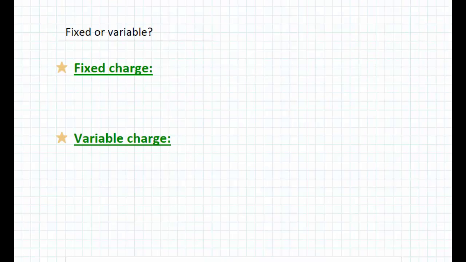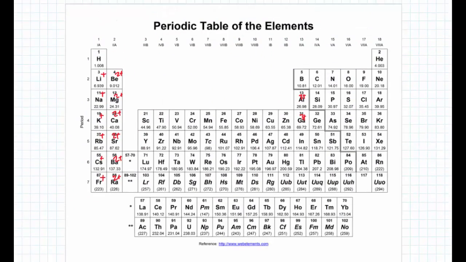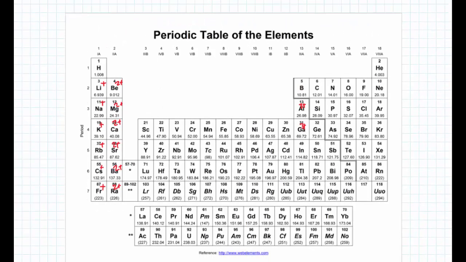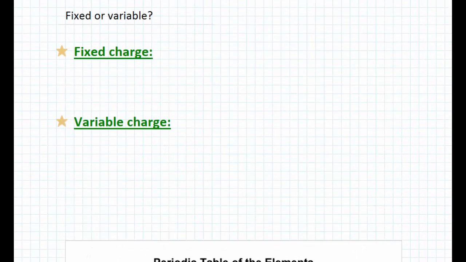Okay? So let's once and for all make a complete list of which metals are fixed charge, so that we know the ones that are variable charge. What were the groups on the periodic table that we've talked about that are fixed charge so far? What are the group numbers that we know? 1A and 2A, right? 1A is plus. 2A is 2 plus.